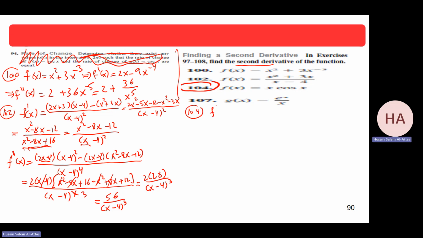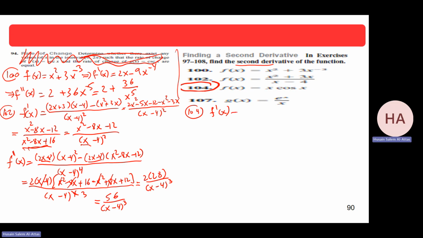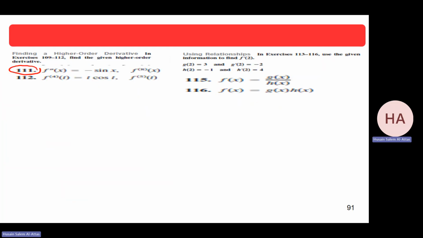What will be f prime? That will be the derivative of x, which is cosine x, minus x sine x. F double prime will be minus sine x.